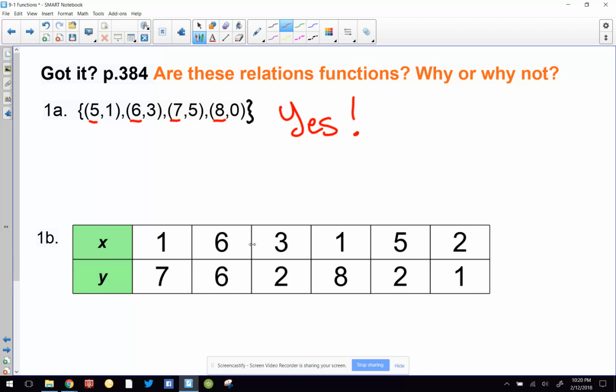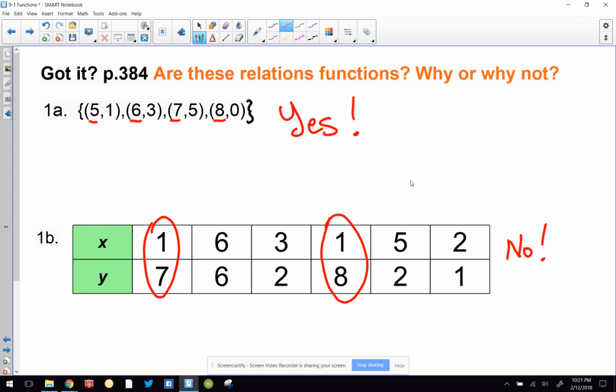And scanning through the domain here, I see something. 1 is repeated. 1 appears twice in the domain, and it is paired with 2 different members of the range, 7 and 8. So that means that this is not a function, because 1 member of the domain is paired with 2 separate members of the range.